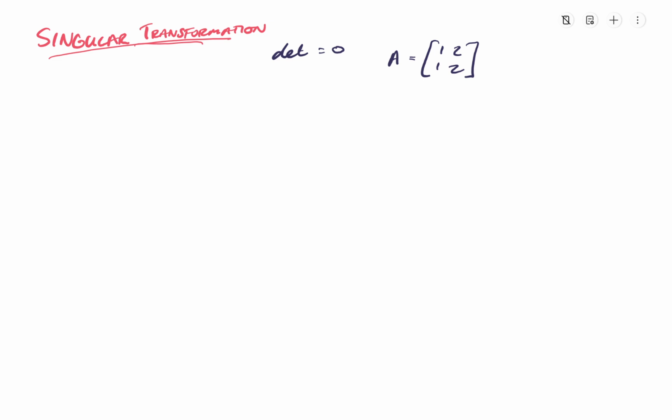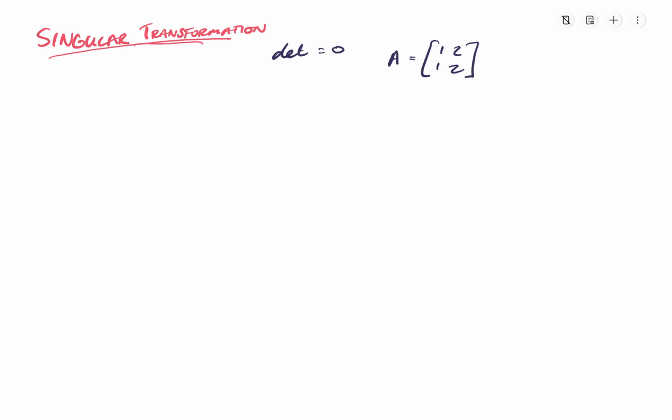That's also equivalent to the determinant being 0, and the columns are also linearly dependent, which is another indicator that the determinant is equal to 0. So everything is interconnected in a way, but let's bring it back in and focus on our transformation.